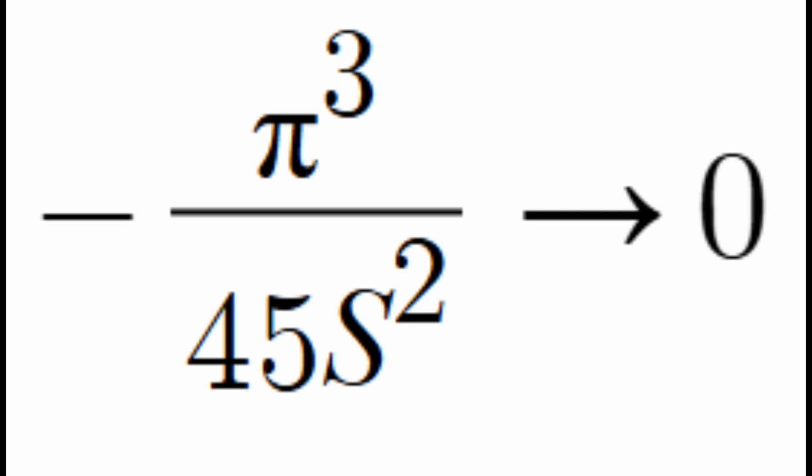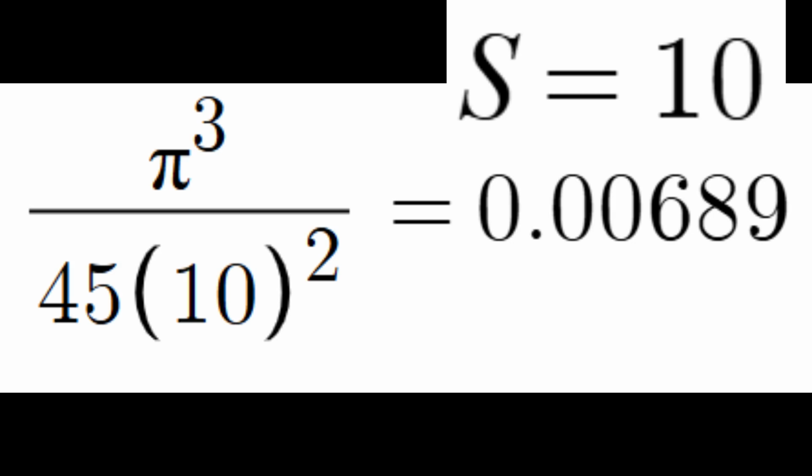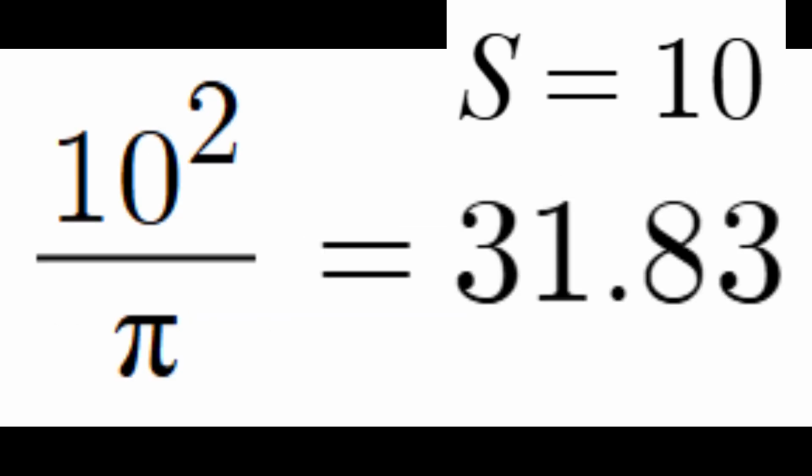Now, as s tends up to infinity, corresponding to a shape having more and more sides, all the terms past pi over 3 tend to 0. For example, the term pi cubed over 45s squared, which for s equals 10 already equals 0.00689, compared to the main terms like s squared over pi, which equal 31.83, which is far more significant to the total.